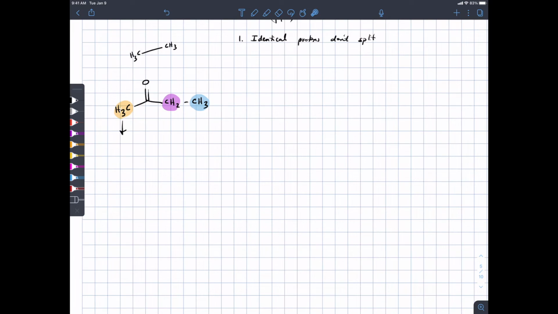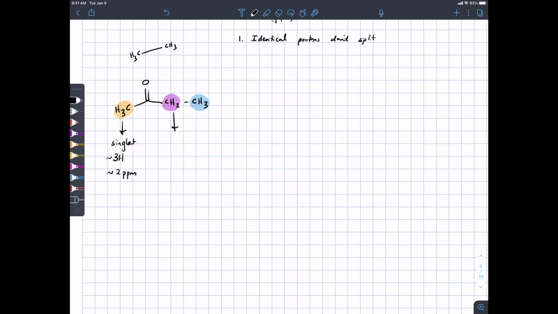The other protons in the molecule are 1, 2, 3, 4 bonds away, and normally splitting occurs for protons that are 3 bonds away or closer. So we would expect this methyl group to be what we'll call a singlet, a single peak, and we expect it to have an integrated peak area that represents about 3 protons, right? We could also say because it's adjacent to a carbonyl, we expect it to have a chemical shift around 2 ppm. All right.